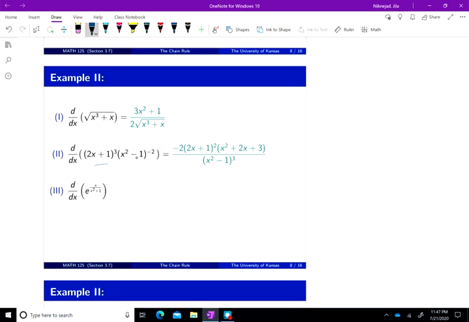They are about the same. Type 1 and 2 look like some polynomial to a power, or a polynomial to a power times a polynomial to another power. Now we're doing the exponential with the exponent being different than x.